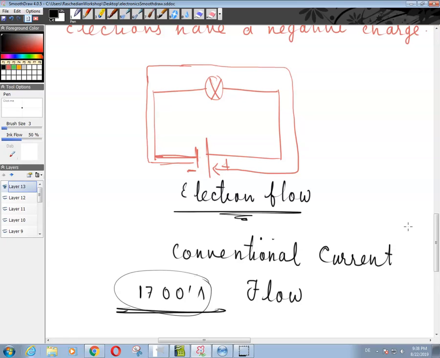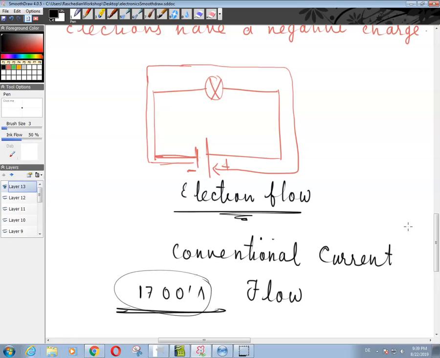And then they called certain things positive, and certain things negative. And this negative and positive stuck in physics and in electronics and in electrical engineering and all of these fields.